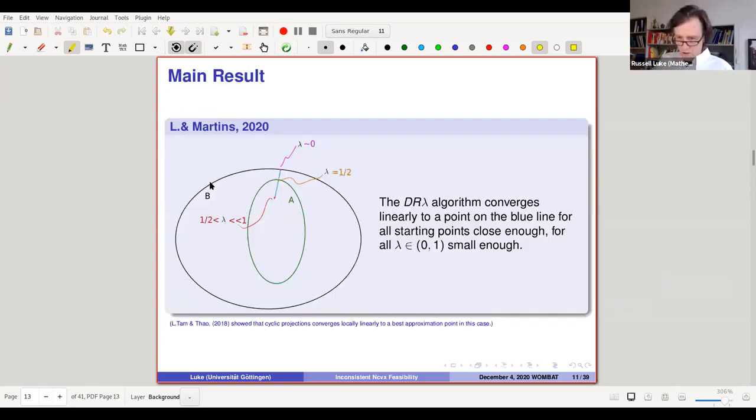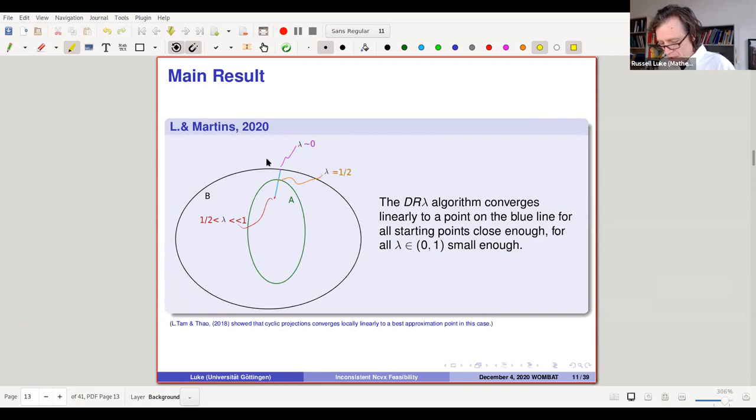But what I'm going to try to tell you in the remaining 19 minutes is that if I apply my relaxed Douglas-Rachford algorithm to this situation, my first set A is this ellipse in here, and it's just the boundary of this. And the second set B is this other ellipse out here.